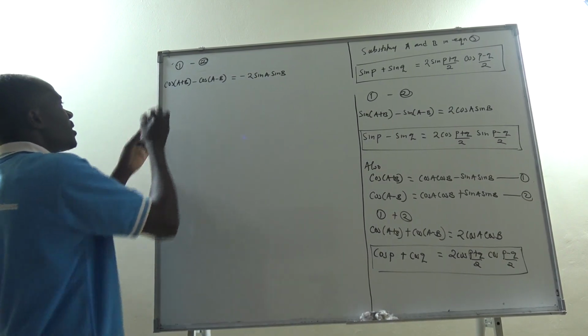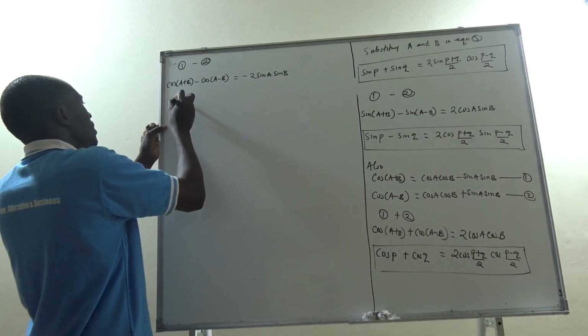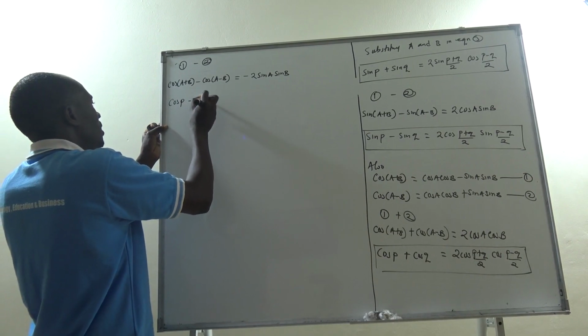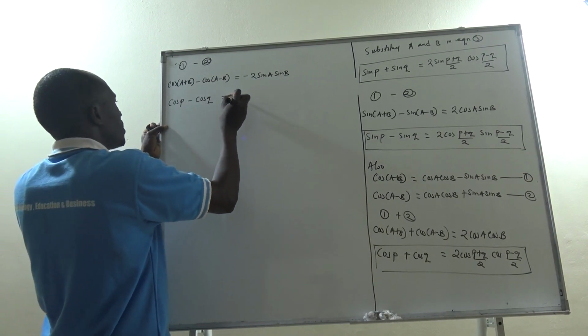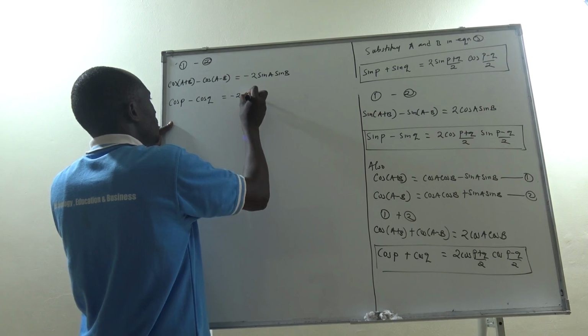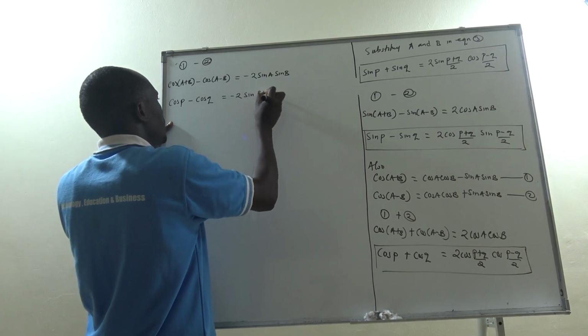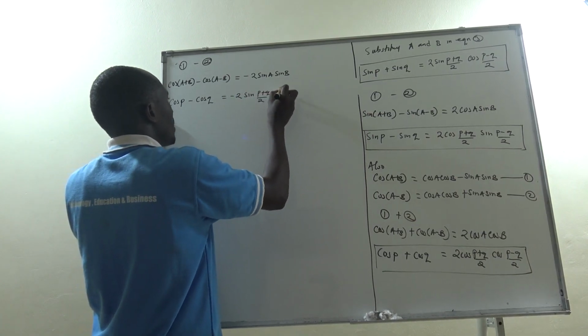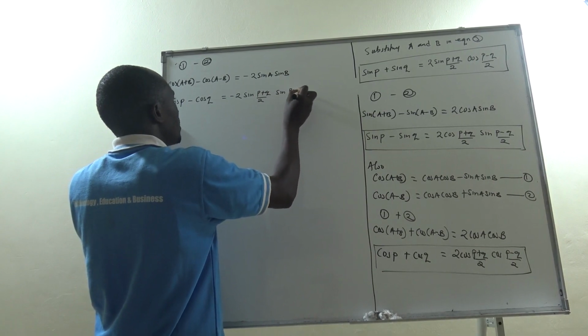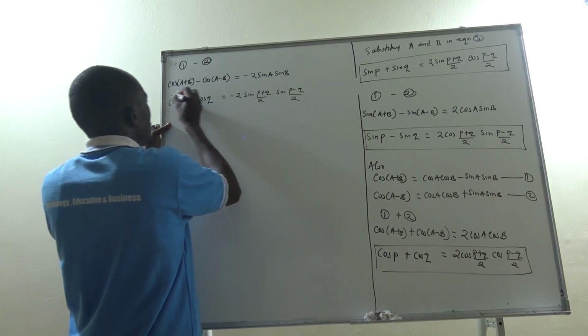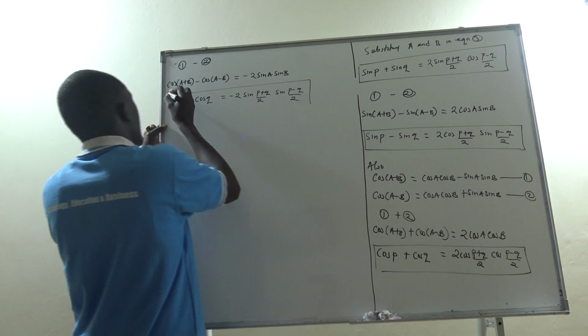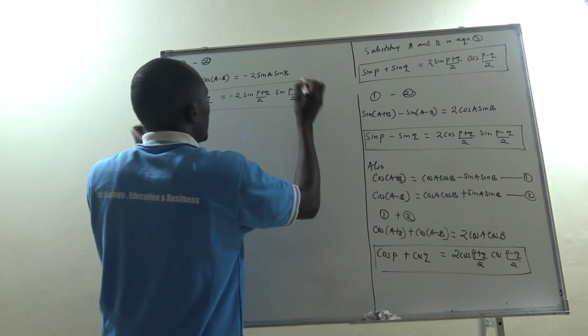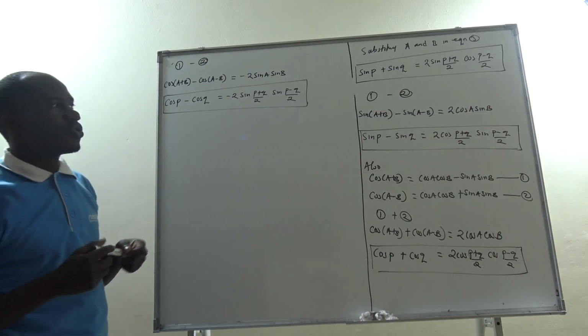But we know a plus b is p. This is cos p minus cos q, which is negative 2 sin of (p + q) by 2, again sin of (p - q) by 2. This is another factor formula for cos minus cos.